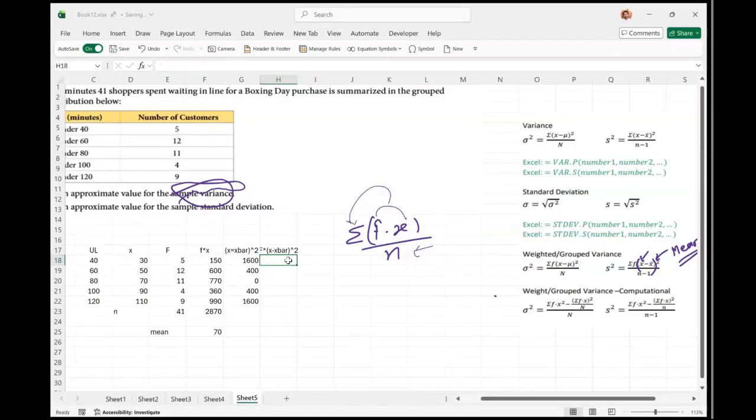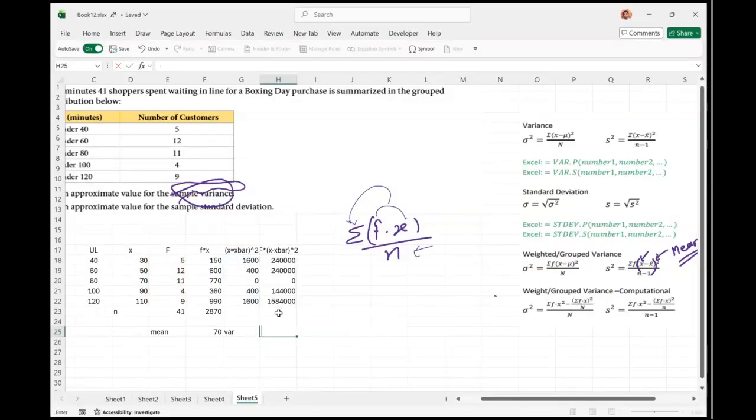Okay, and equal to this number multiplied by this number, and then bring it down. Okay, and now divided by n minus 1. So variance, here I will write variance, and that is equal to the sum of all these values.